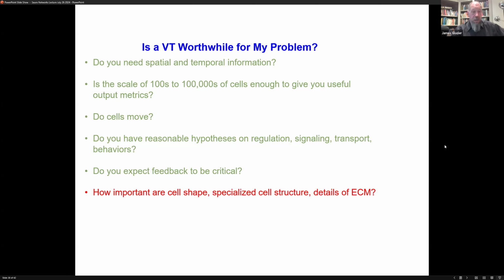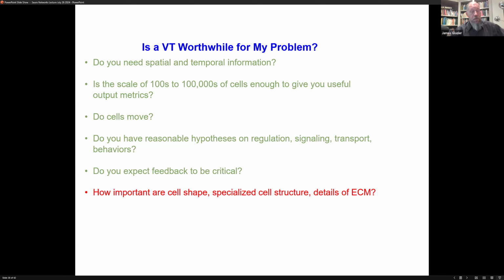How many cells do you need? If you need 100 cells or 100,000 cells, with CompuCell, you're all right. With TJ's Tissue Forge, you can go to 1 million or 2 million cells. But if you need 10 to the 7th cells, 10 to the 8th cells, you're pretty well stuck. You can't represent each one of them individually. You need to know a lot to build these models.